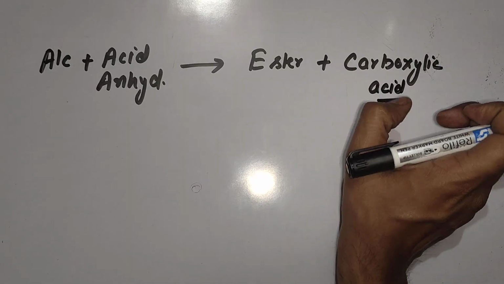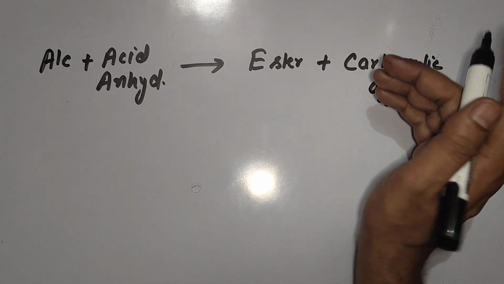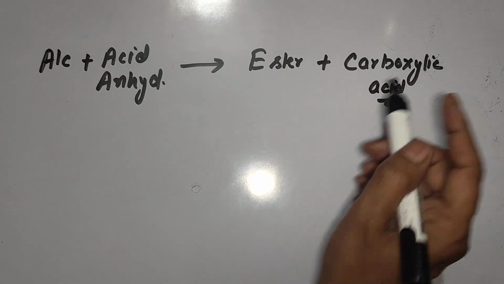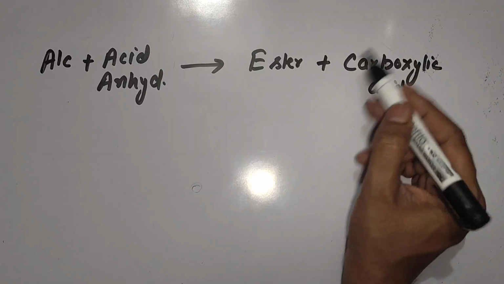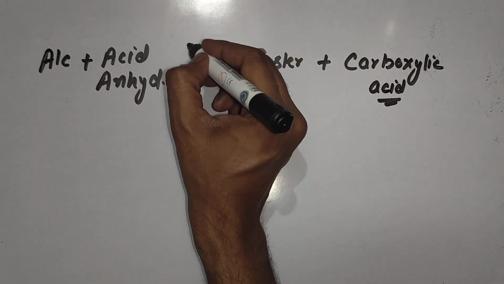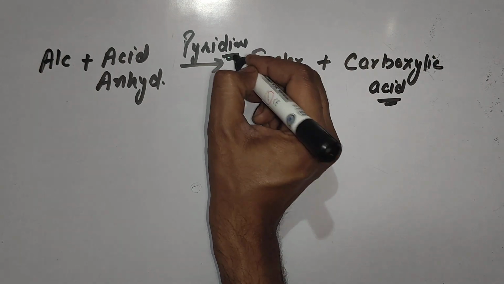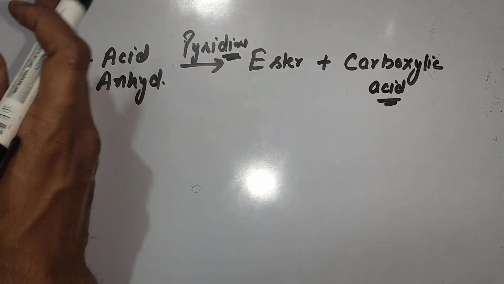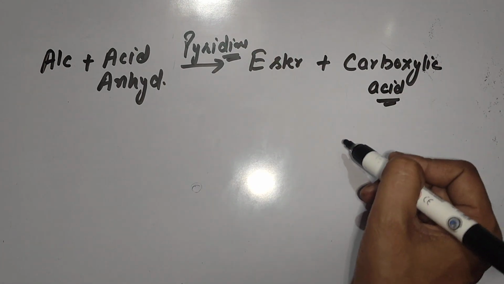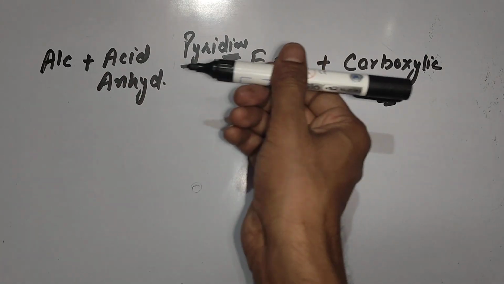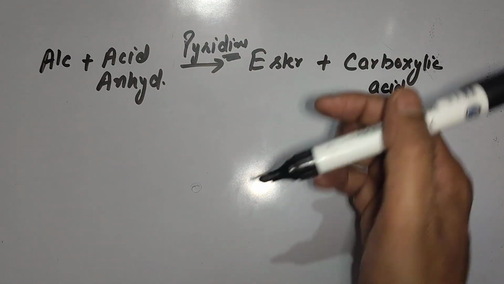Now carboxylic acid is a side product which will try to shift the reaction in the backward direction, so it is important to neutralize it. To neutralize it, we are going to use a base, pyridine, which we have used with acid chloride also. It will neutralize carboxylic acid and the reaction will move in the forward direction and a lot of ester will be generated.